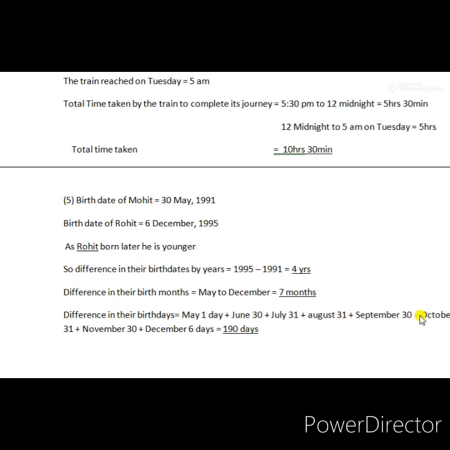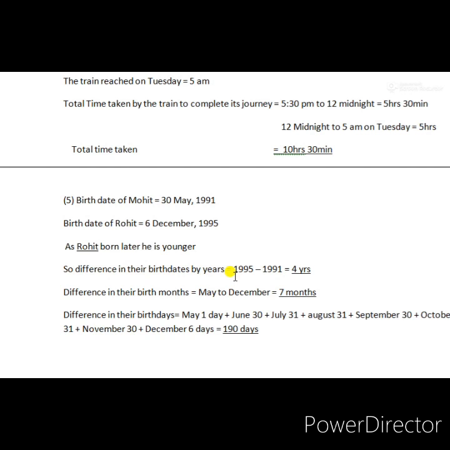So here we have to find who is younger. Mohit was born in 1991, Rohit was born later, in 1995. So who will be younger? Rohit will be younger because he was born in 1995. Now we have to find the difference in their years.